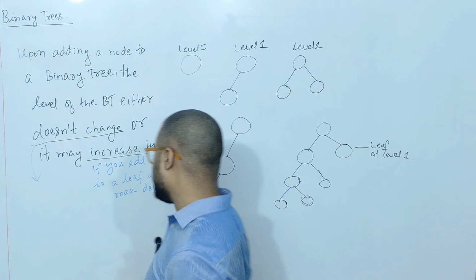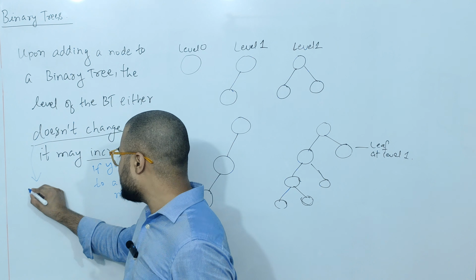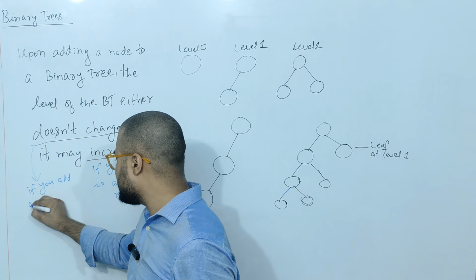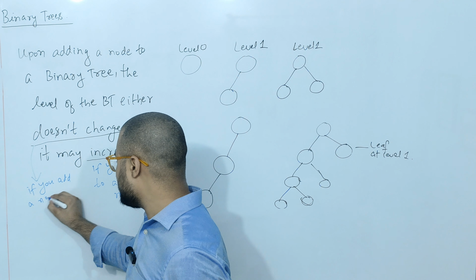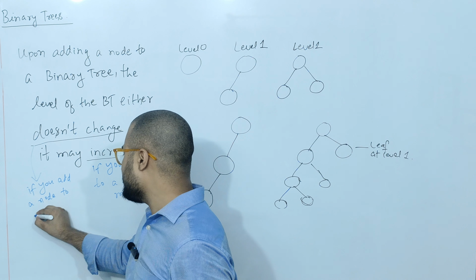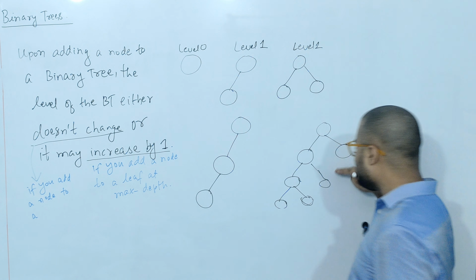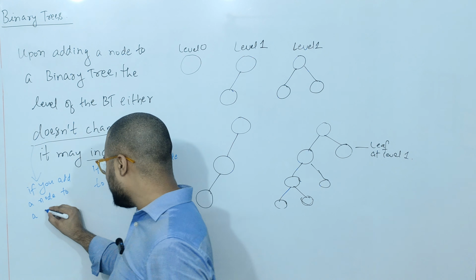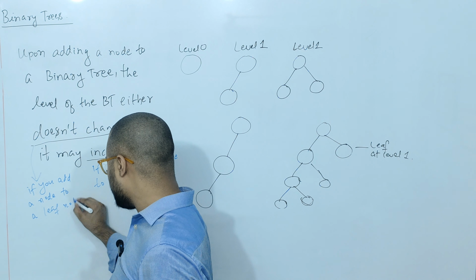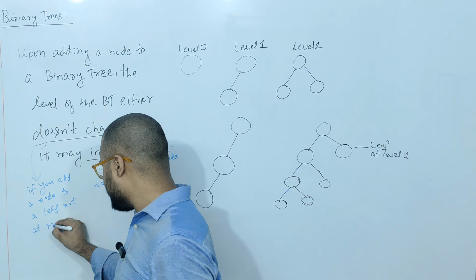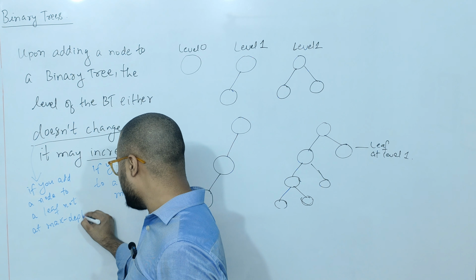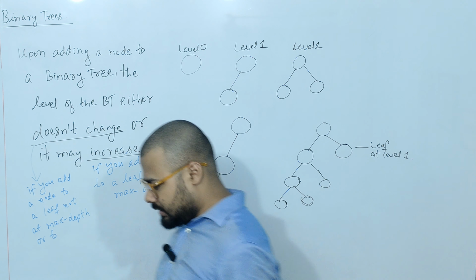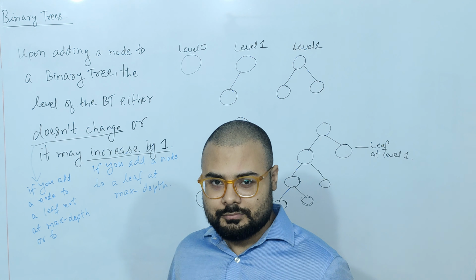If you add a node to a leaf not at the maximum depth, or to any internal node with number of children that is 1, right?